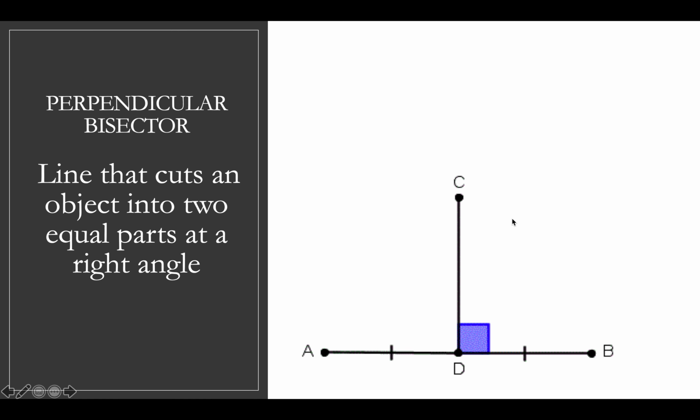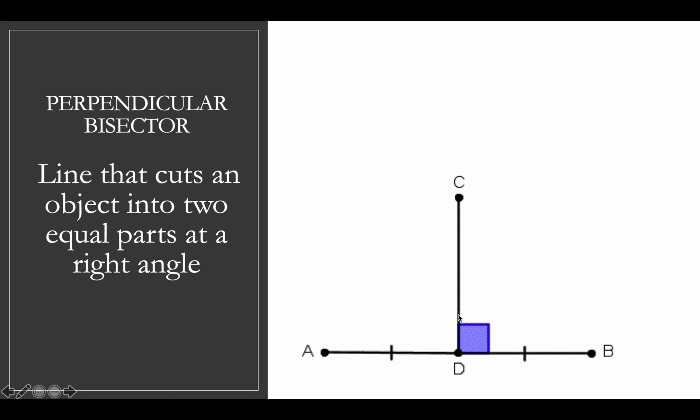Now, last thing is perpendicular bisectors. And that just means that you have a line that cuts another line in half at a right angle. It's a very special type of bisector, but don't get too worked up over it, all right? So, like I said, you can see here we have line segment CD and line segment AB, and D happens to be the midpoint of line AB, which means that this line right here is its bisector.